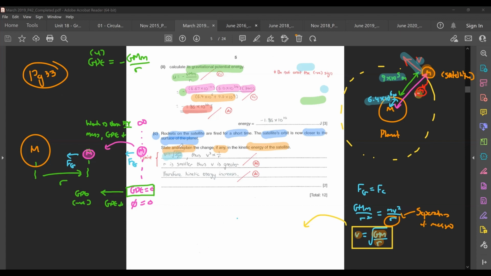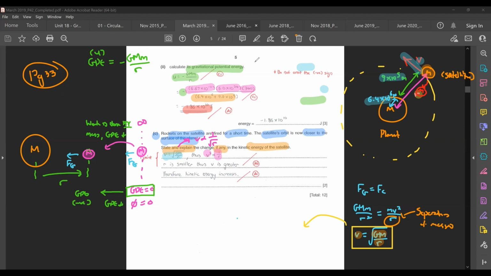You will say that v, specifically v squared, is inversely proportional to R. If you just look at this equation, it gives you v inversely proportional to the square root of R, but if you square both sides, you get v squared inversely proportional to R itself. So it doesn't matter which form you use, either one is fine.